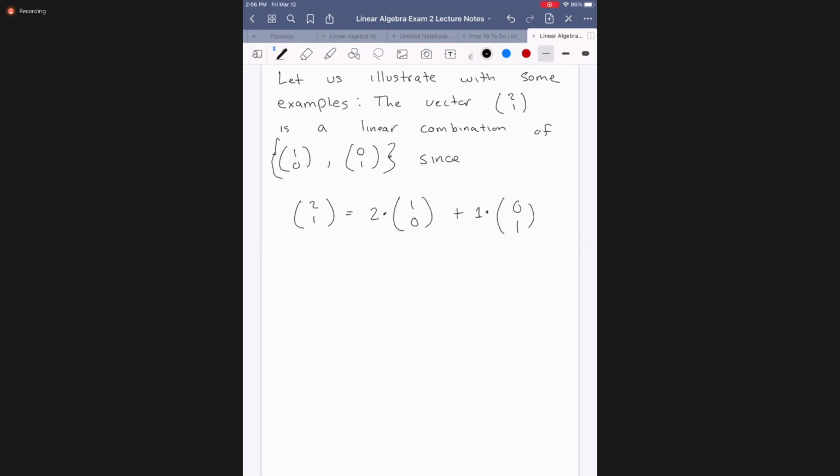Okay, so that's nice enough, but now you can ask the question: is every vector a linear combination of any set of vectors? And if not, then how can you tell if it is, right?